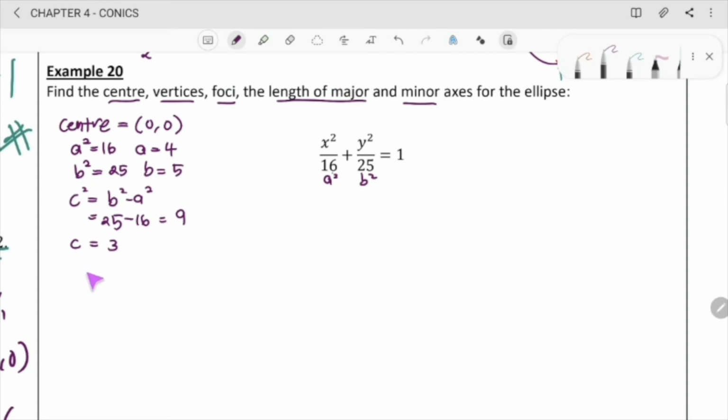Okay, as we know the value of b is greater than a, then we know the ellipse will be a vertical one. Okay, and then we are going to find the vertices. The major vertices will have the same h, and the y coordinate will be different, so k plus or minus b.